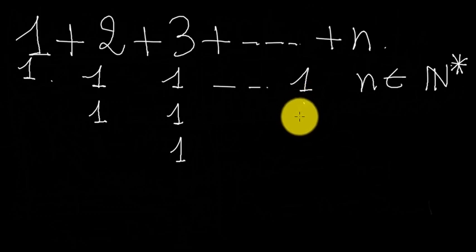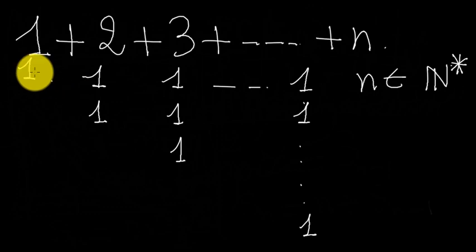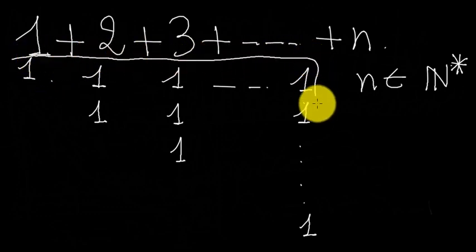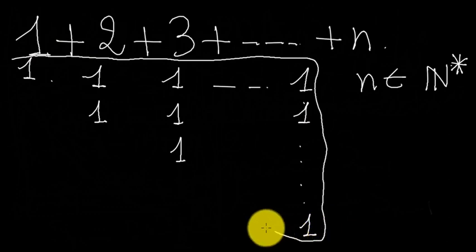So we're gonna have n, which is rewritten into 1 n times. So what we actually are seeing here is a shape of a triangle.